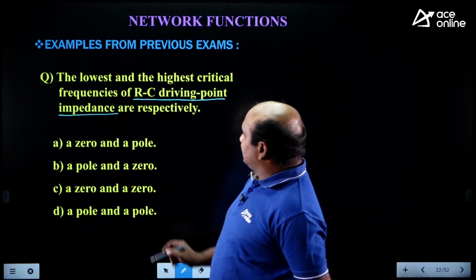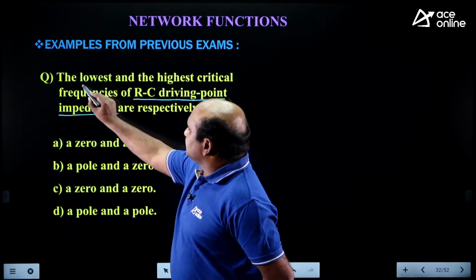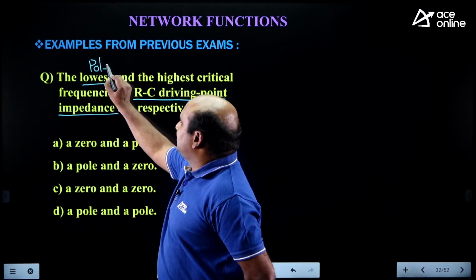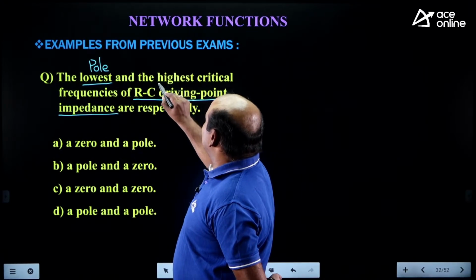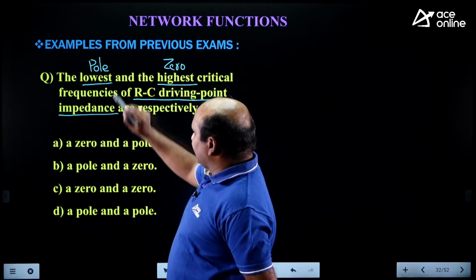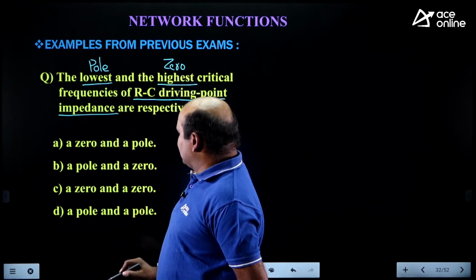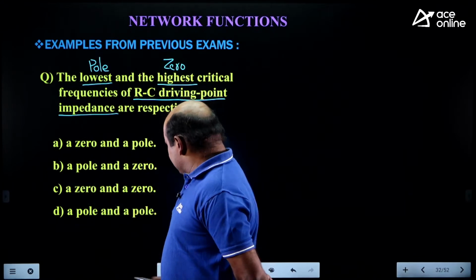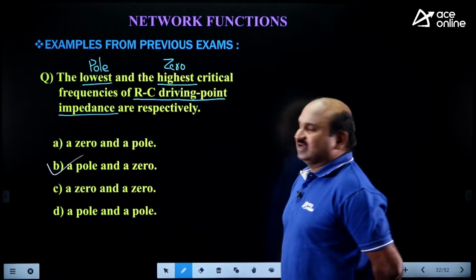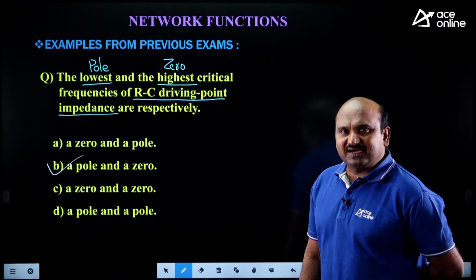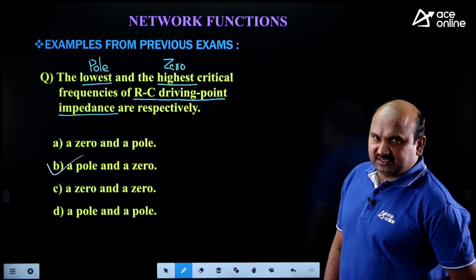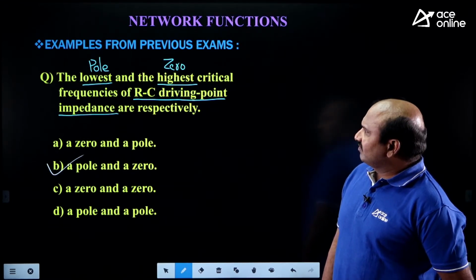The pole is nearer to the origin. First, lowest and highest. Lowest is what? It is the pole. Lowest is the pole and highest is the zero. With this, what can I take? A pole and a zero. Which is the correct option? Option B is the correct one. Is it right? Now let me take the next example. Is it clear? Okay.